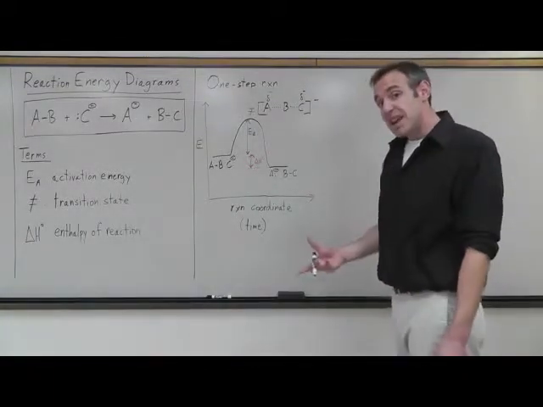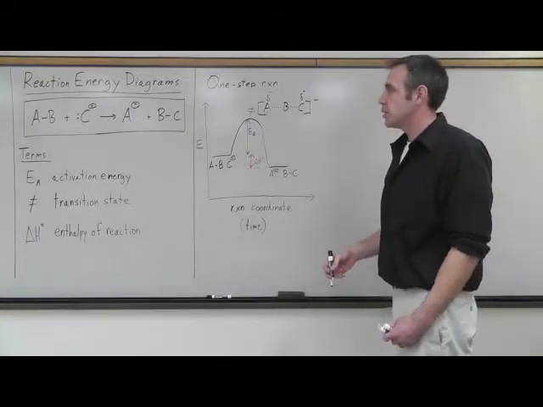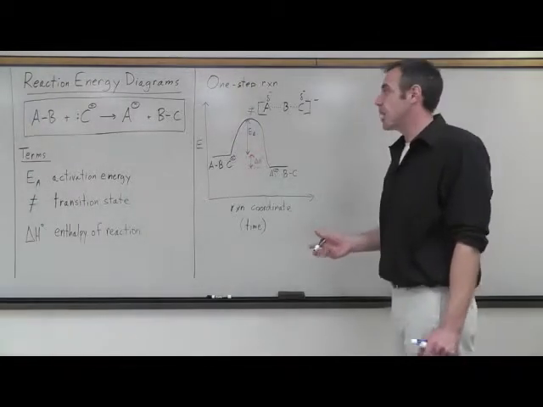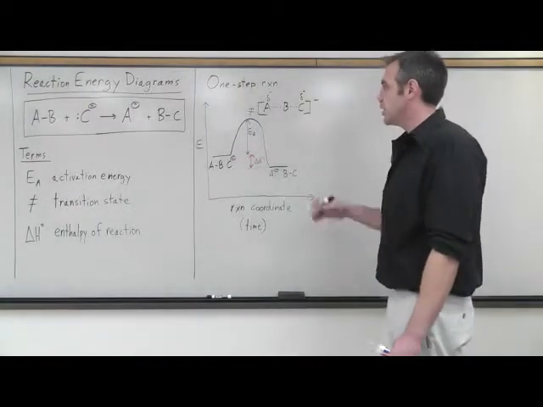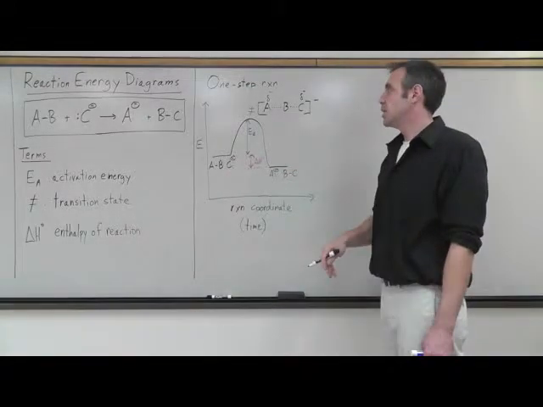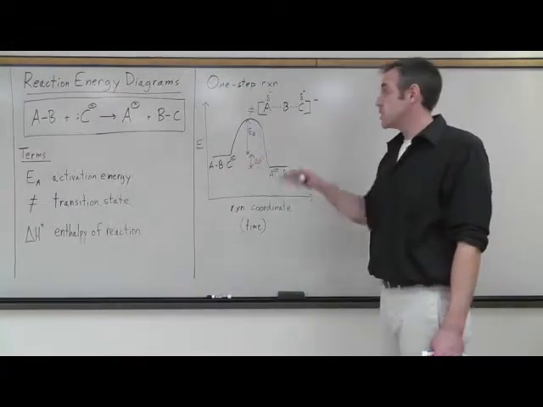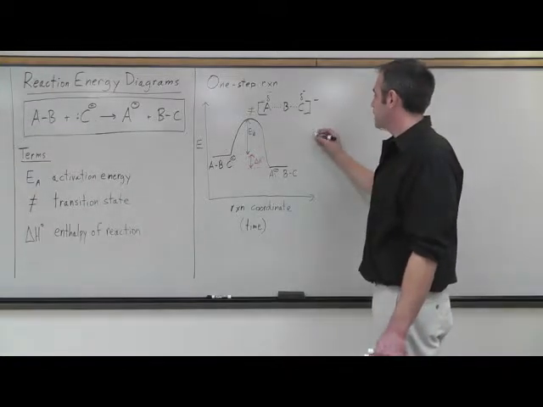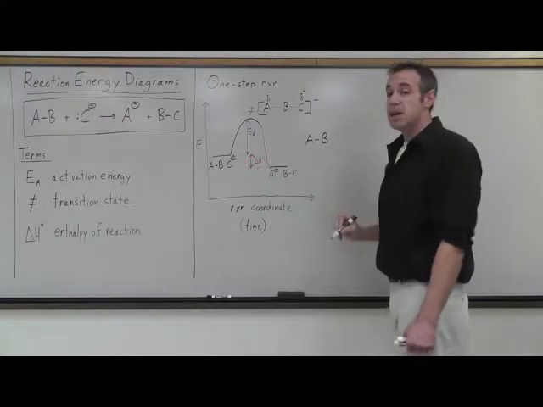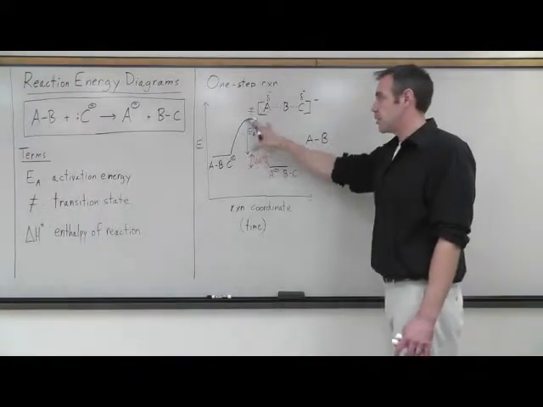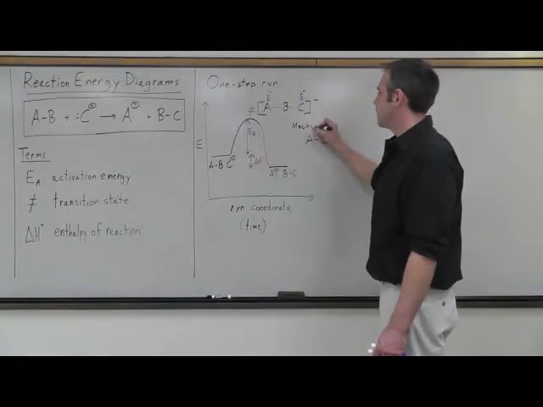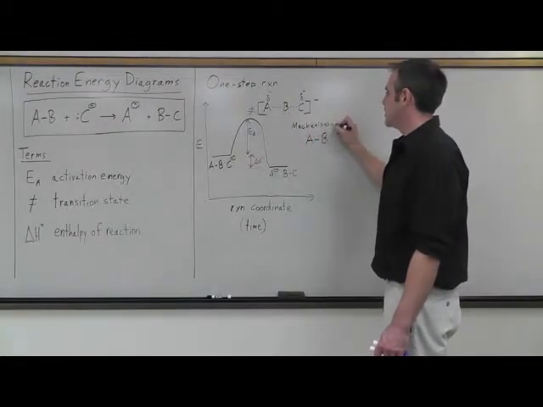If we wanted to draw a mechanism for how this occurs, which is something we'll introduce now and get into in subsequent chapters, we can draw how these species interact and see how that translates to this transition state. This is not part of the reaction diagram, simply the mechanism.